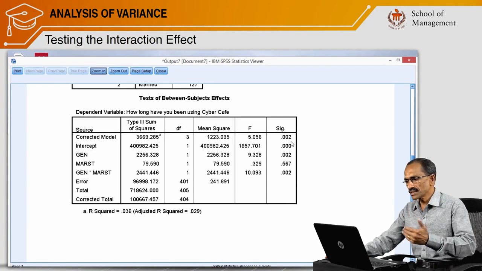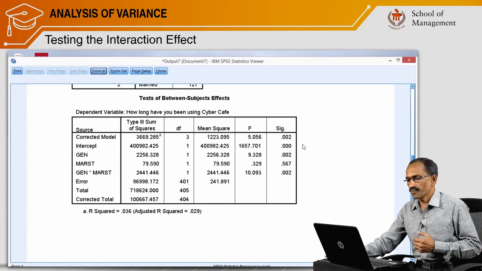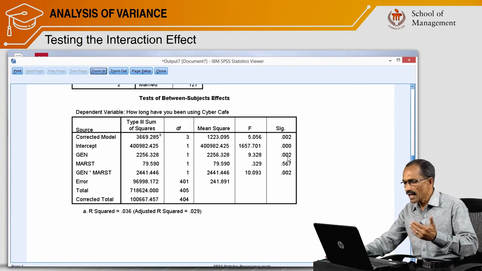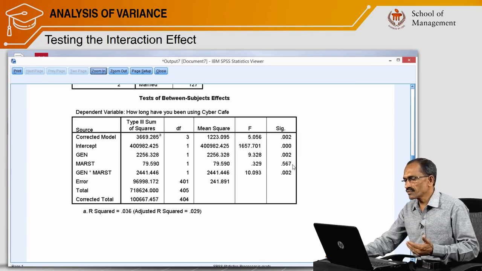When we reject the null hypothesis, what are we concluding? We are concluding there is interaction between gender and marital status in deciding the duration of visiting a cyber cafe. This is the total interaction effect, and gender alone has the same significance, that is, gender is a factor that determines the duration of cyber cafe visit.